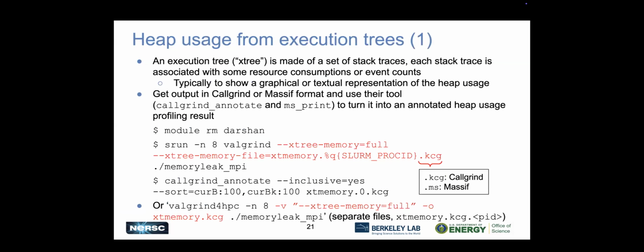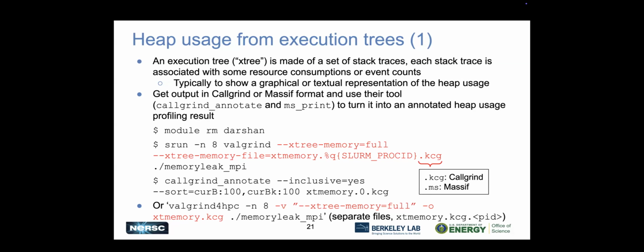Another thing that might be interesting for short code is the heap. We can profile heap usage using what they call execution trees. An execution tree is made of a set of stack traces for a certain resource consumption or certain event counts.